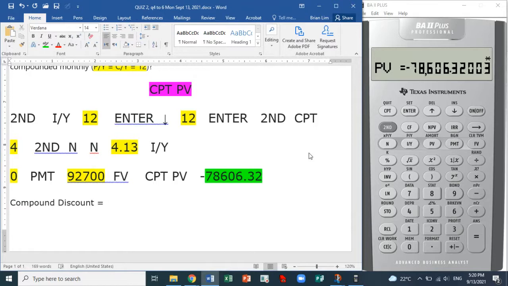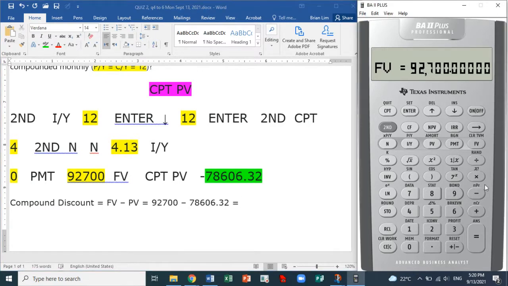Well, it's the interest. So we take the future value, all right, and we subtract the present value. In this case, the future value is 92700. And we subtract, we just take the numerical value of PV, and there we are, and we can get an answer. So this is the present value.